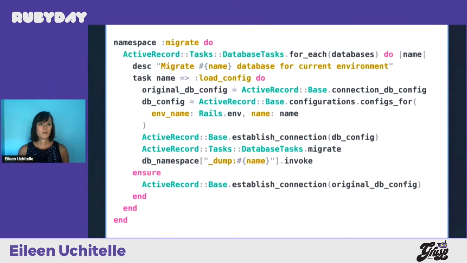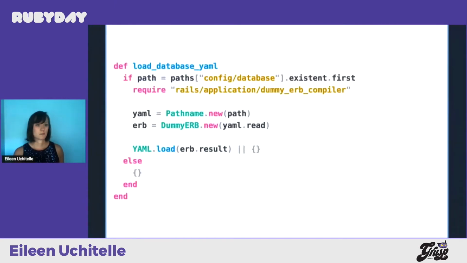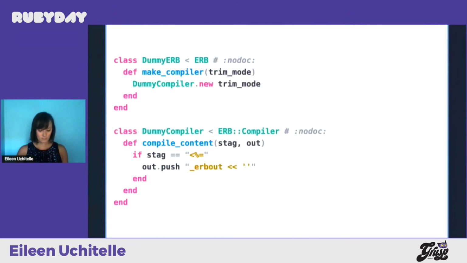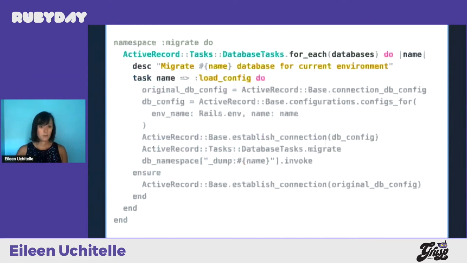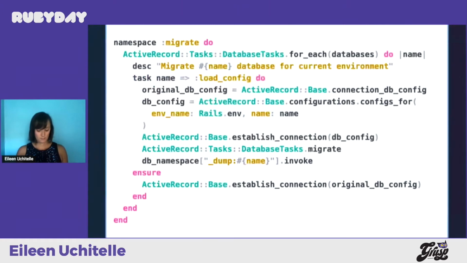So if we look at the code that generates the named migrate tasks, you'll notice that we have a method named for each before loading the configuration.